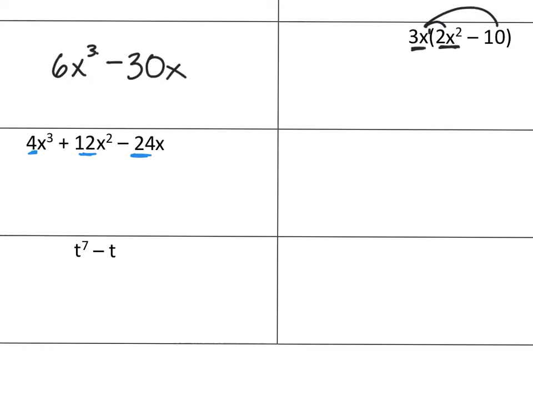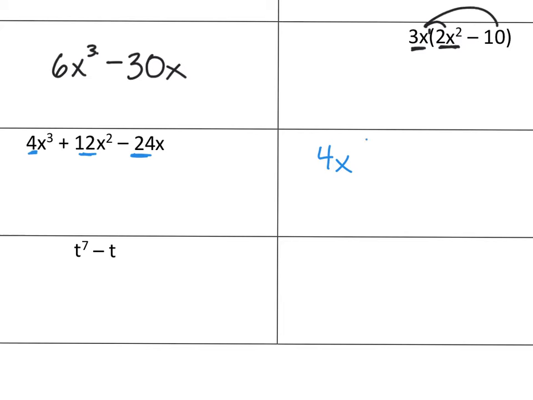What's a number that can go into all 3 of those? 4. Okay. Now look at the variables. So we got x to the third, x squared, and x. What do they all have? X. Just x, right? They don't all have 2, they don't all have 3, but they all have at least 1. So x to the first.